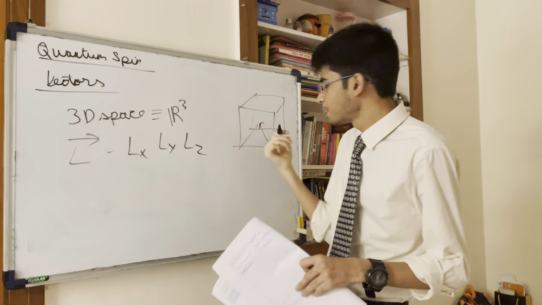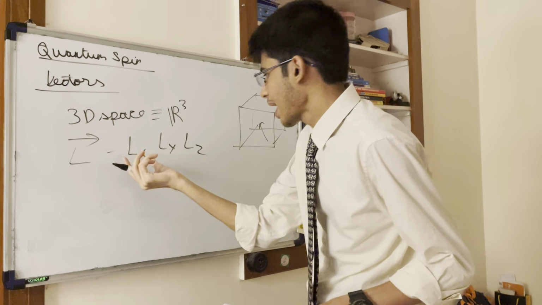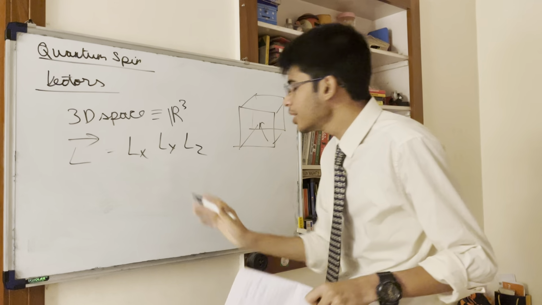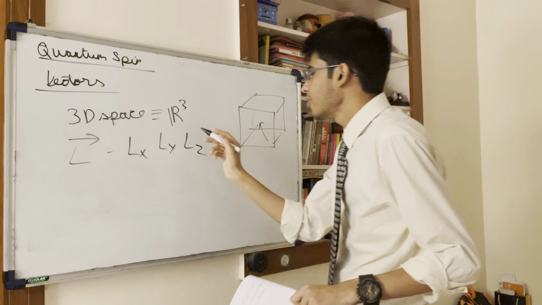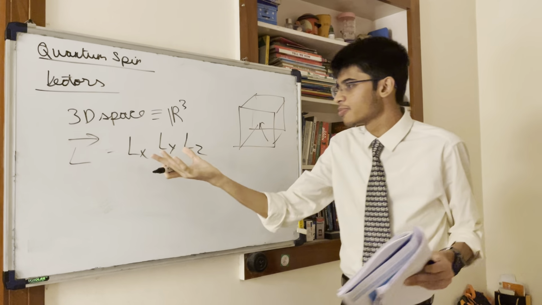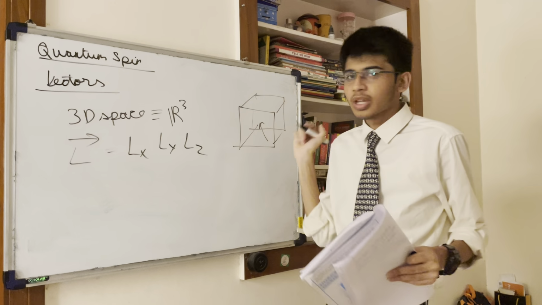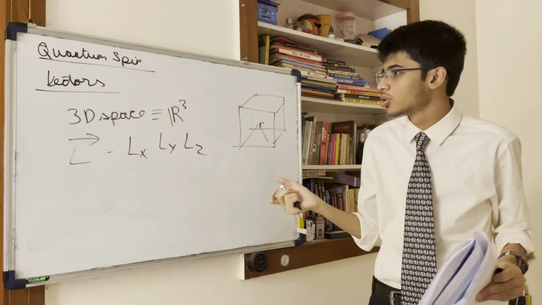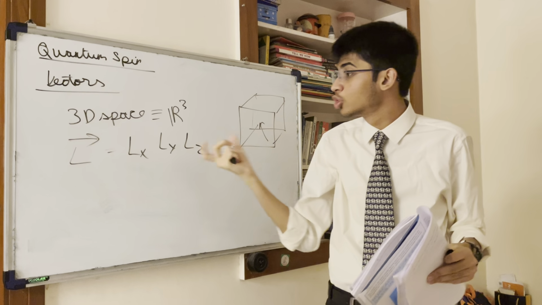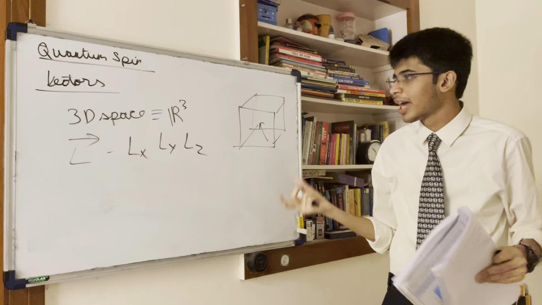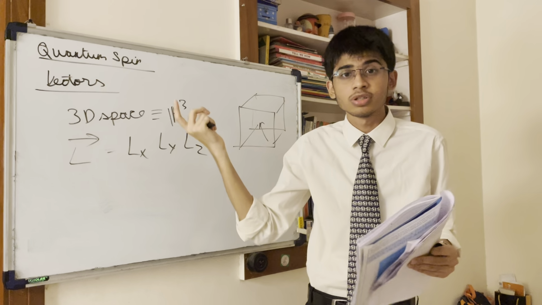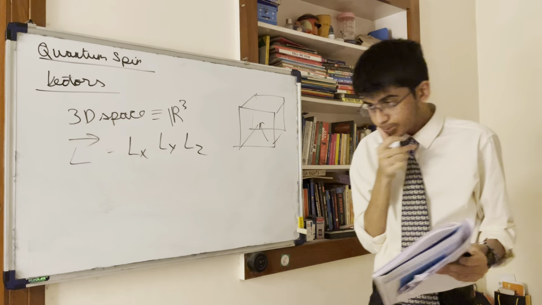So I can split the vector into its x component, that is how long it is along the x-axis, the y component, how long it is along the y-axis, and the z component, how long it is along the z-axis. So it's easier to write it in terms of its components along the Cartesian axes. So we don't have a random vector pointing in any arbitrary direction. We can resolve the vector into its components. That's what we mean by writing it as Lx, Ly, Lz. We're resolving the vector into its Cartesian components.